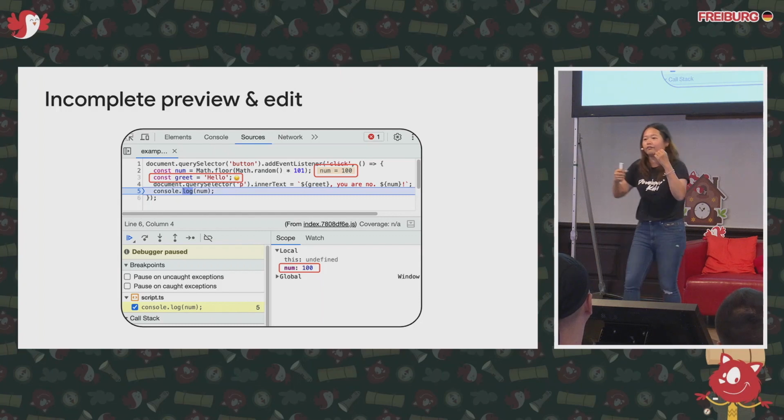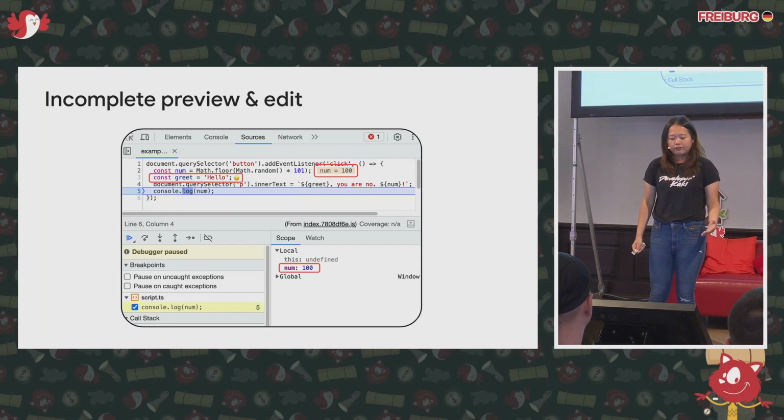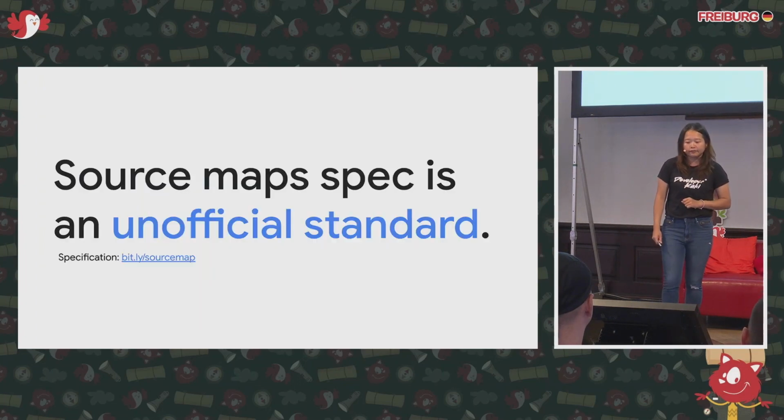So there's no way for DevTools to know which position to map it back to, to show you that value when you debug the line. Unfortunately, this is a little bit of an incomplete preview and edit.